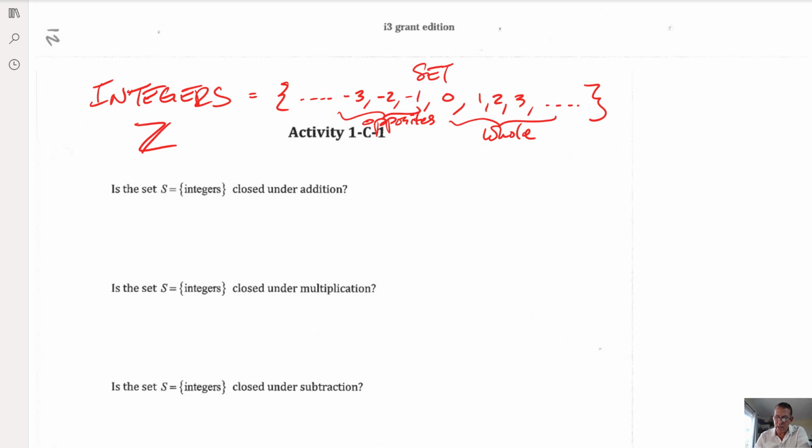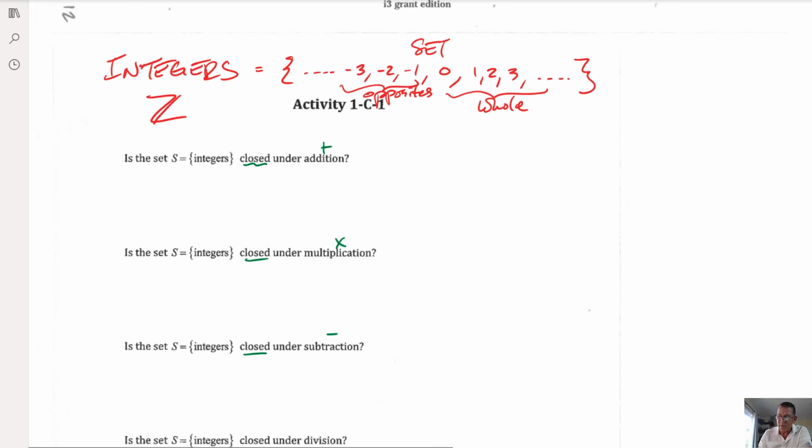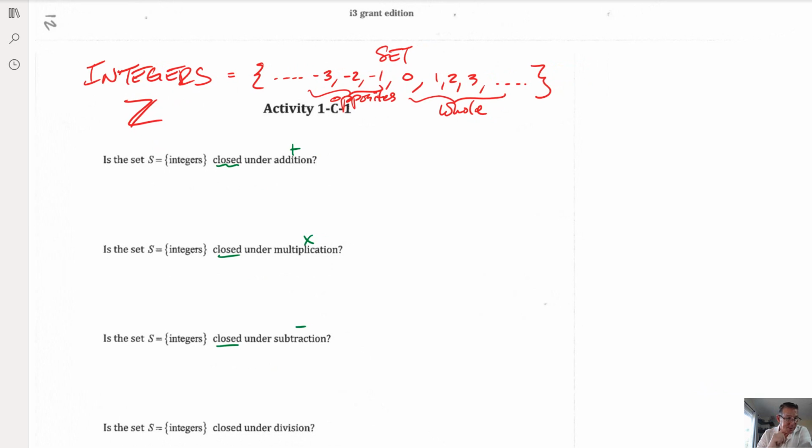So in activity 1C1, we want to investigate, is the set closed under these operations? Is it closed under addition? Is it closed under multiplication? Is it closed under subtraction? Okay, and so on. Now, to do this, if it's not closed, guess what you have to provide? That's right. If it's not closed, you must provide a counterexample. All right, so let's notate that.